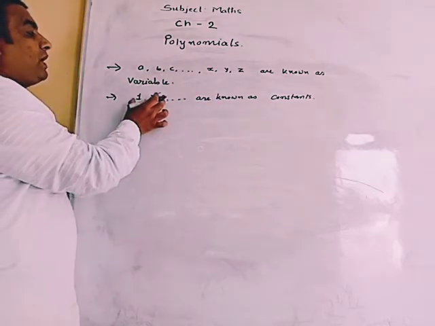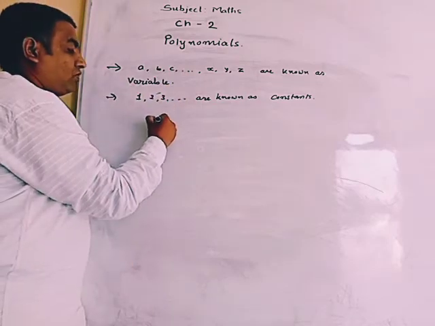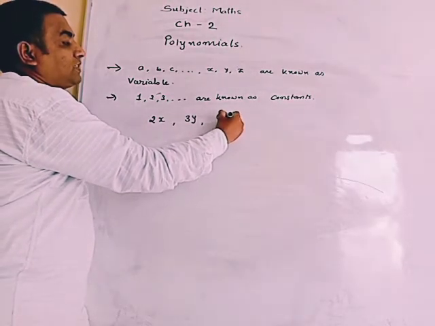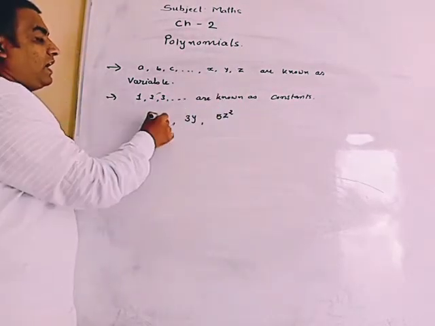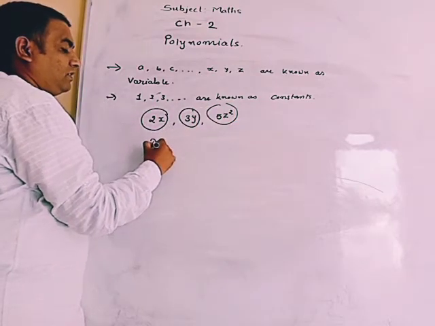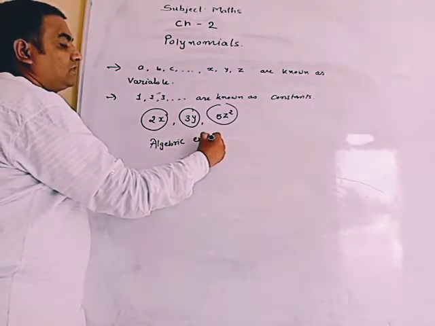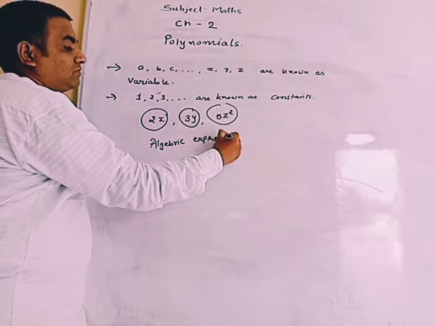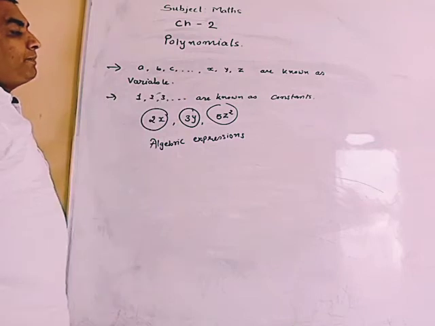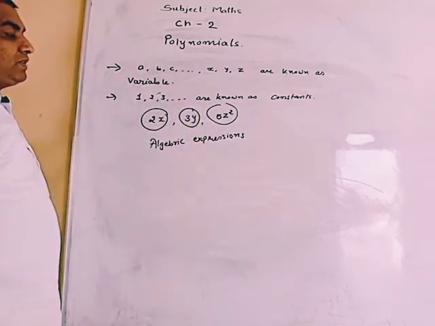So when we combine these variables and constants together like 2x, 3y, 5z square, then we get what is called an algebraic expression. So when a variable and a number combine with each other, they are known as algebraic expressions.